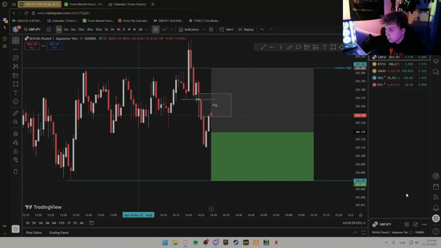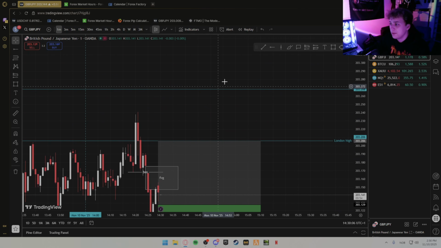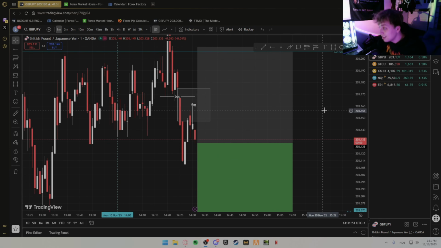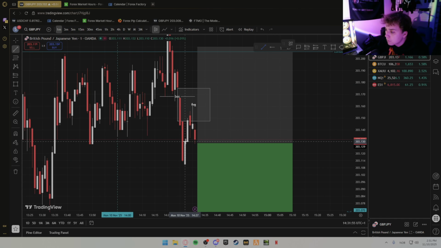Seems like we're gonna break above the fair value gap instead and have a new trace back up to maybe these highs. Looks like it's happening, maybe. We'll see.